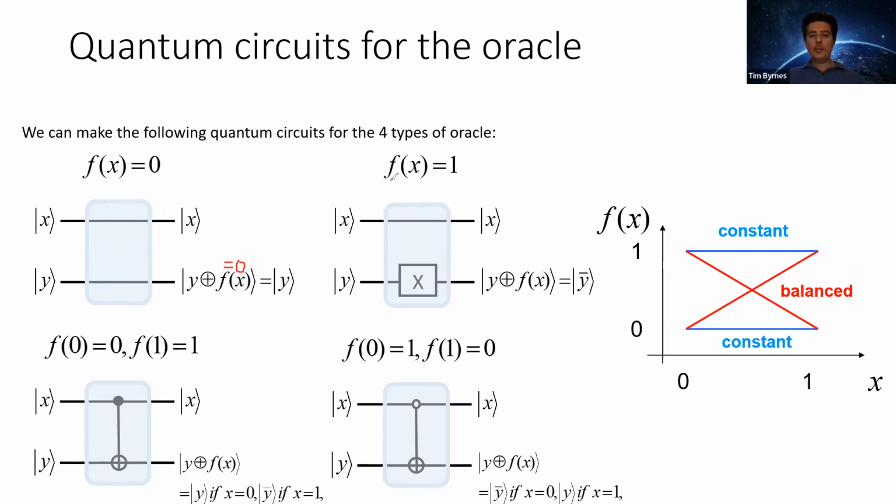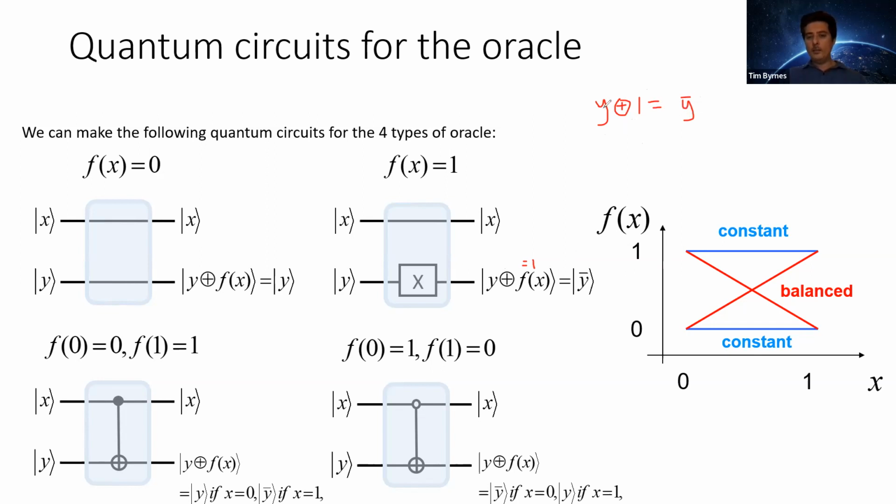Okay, so what about f of x equals 1? In this case, f of x is equal to 1, right? And given a general variable y, y plus 1 modulo 2 is always equal to not y. For example, if y is 0, then 0 plus 1 is 1, right?